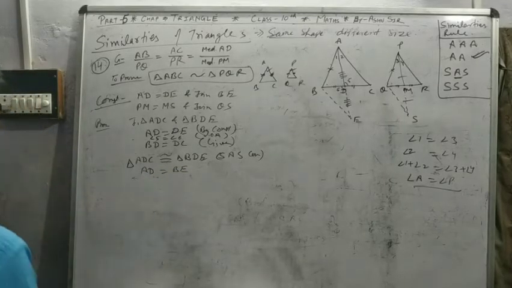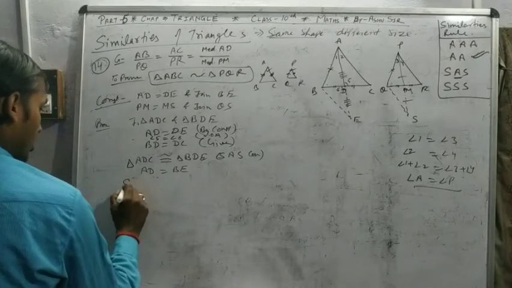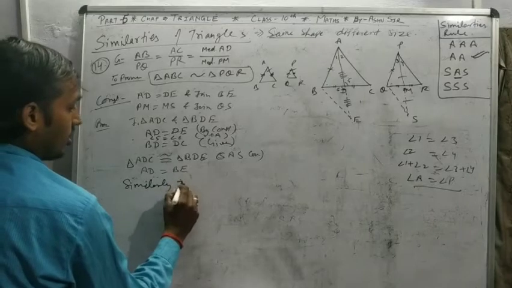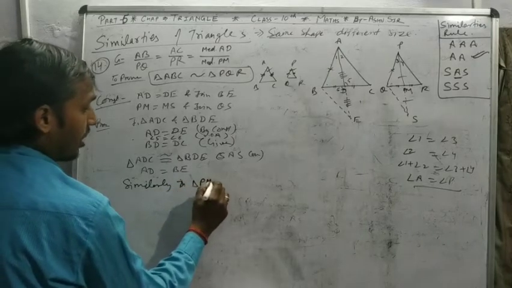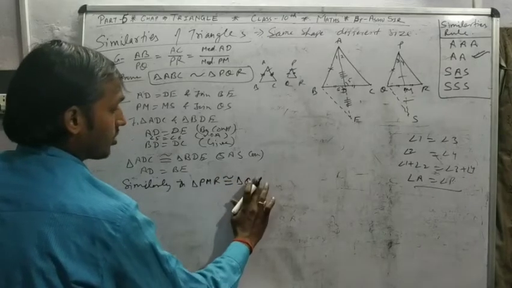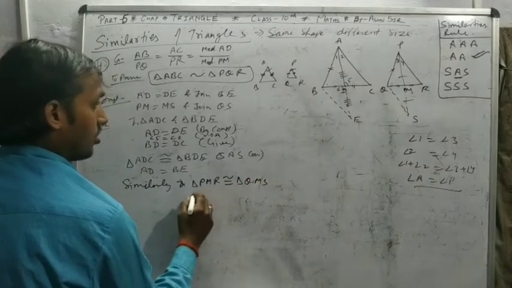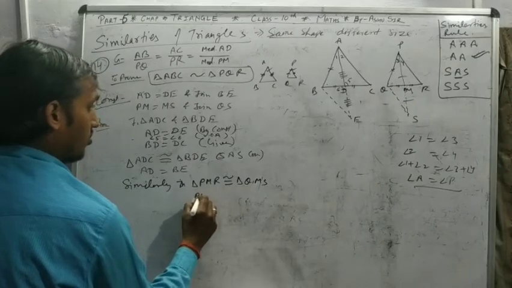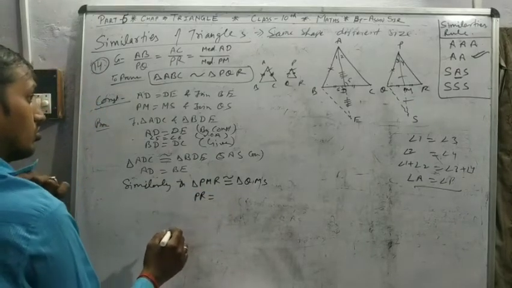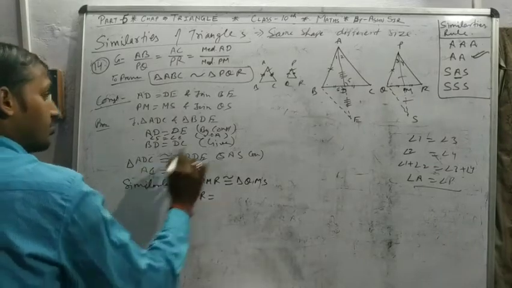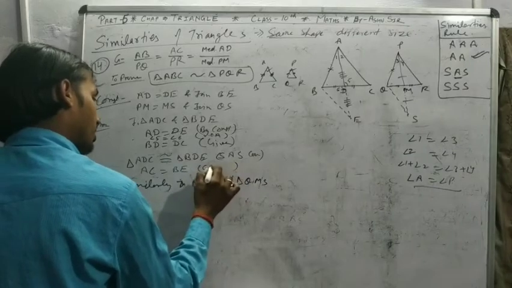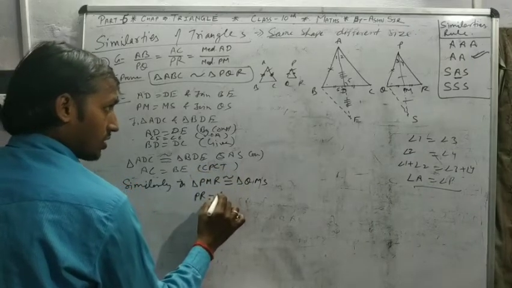And the same concept is used here. Similarly, in triangle PMR, congruent to triangle QMS, PR equals QS. AC equals BE by CPCT, corresponding parts of congruent triangles.